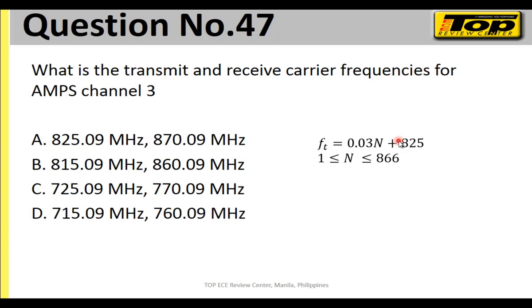What if it doesn't fall on that channel from 1 to 866? Ang gagamitin nating equation will be 0.03n minus 1023 plus 825, this equation. And that equation will be used if the number of channel is 990 to 1023.